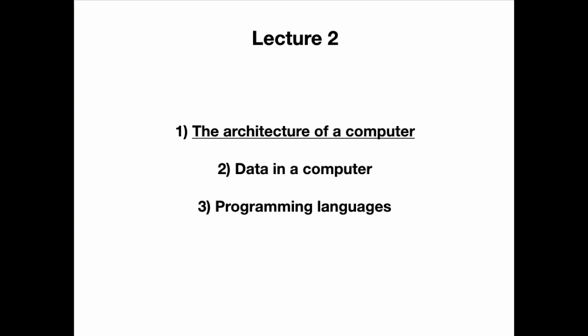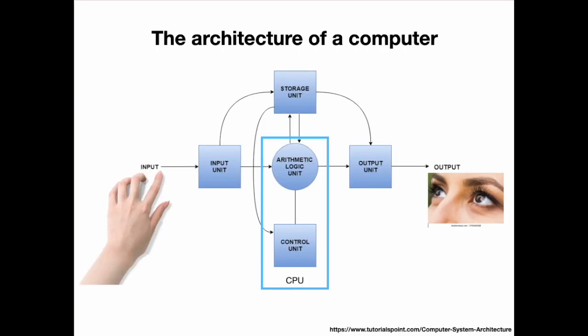Let's start with the architecture of a computer. This is a very schematic view of what a computer is. The first thing to observe, on the left side, is what is called input.